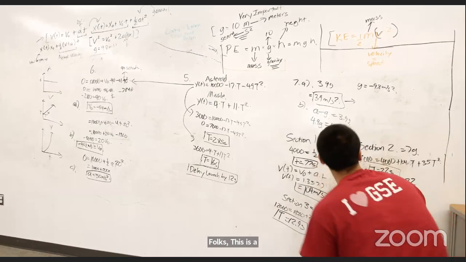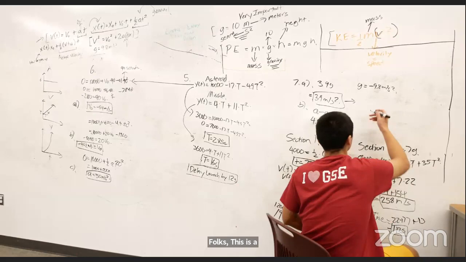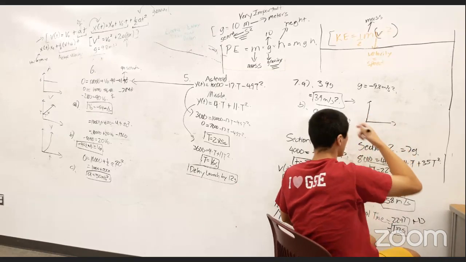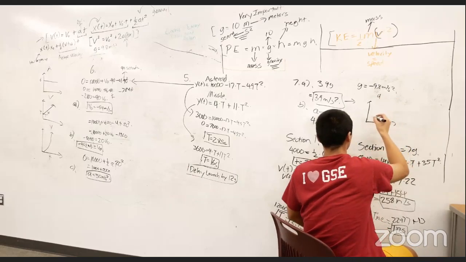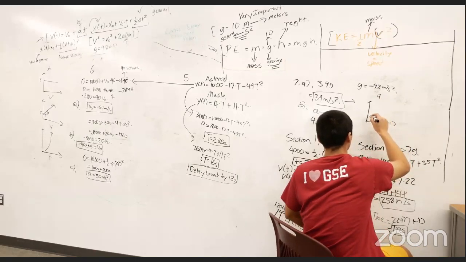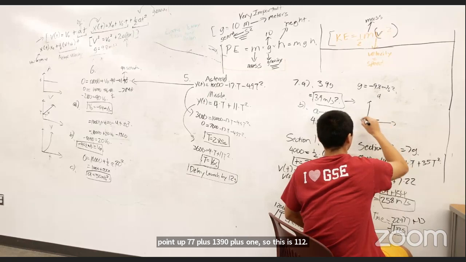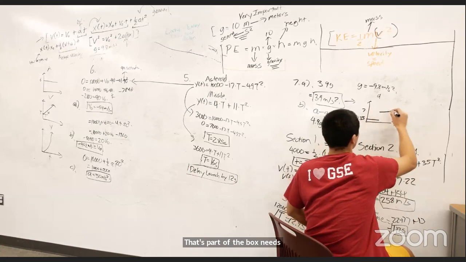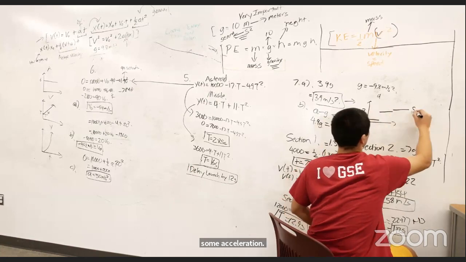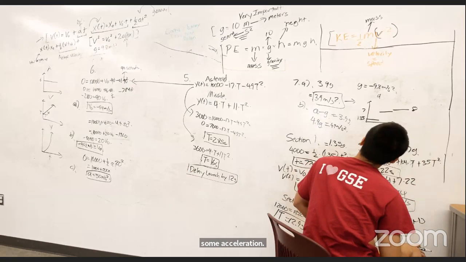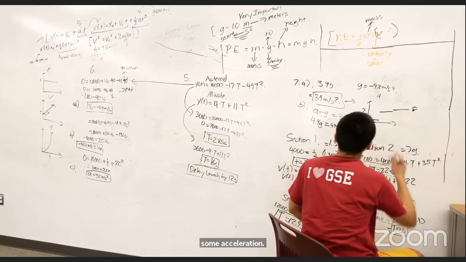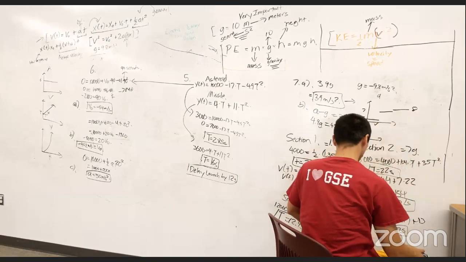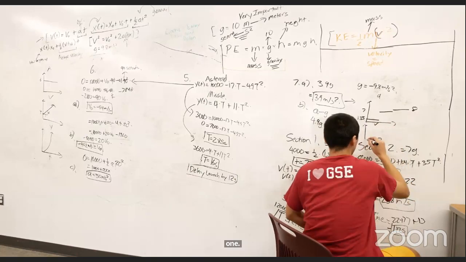So let's plot these. Let's plot up the velocity, position, and time. So my acceleration, let me start off with initial 1.35. Then it's going to be 7, and then it's going to be like 8. My velocity versus time, it's going to be like this.